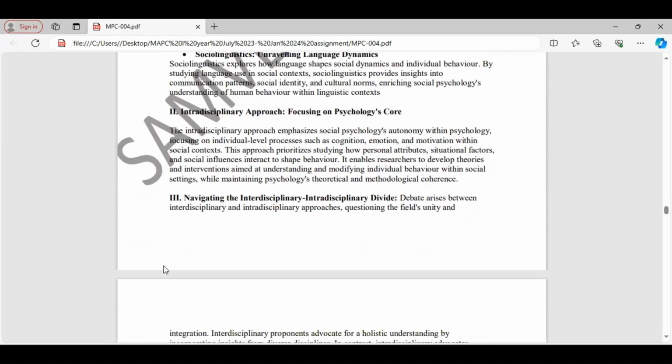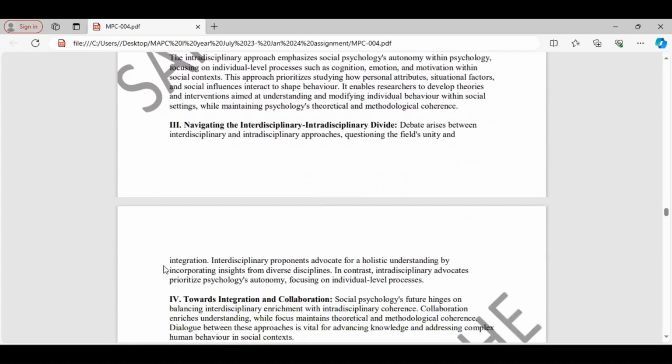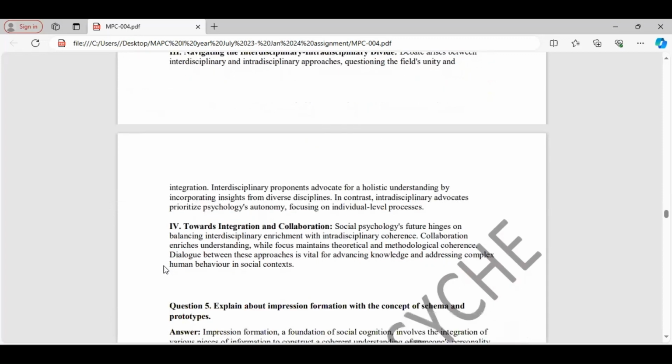That you'll discuss what is there in psychology, that is cognition, emotion, motivation within the social context. Then we'll talk about how the intra and interdisciplinary divide is there, and in the last point, how it can be integrated and how these two can collaborate together.